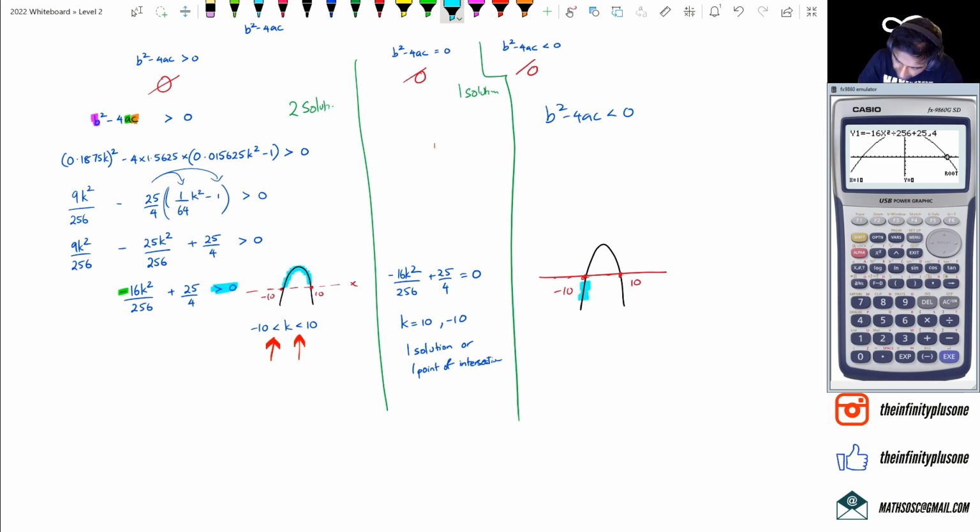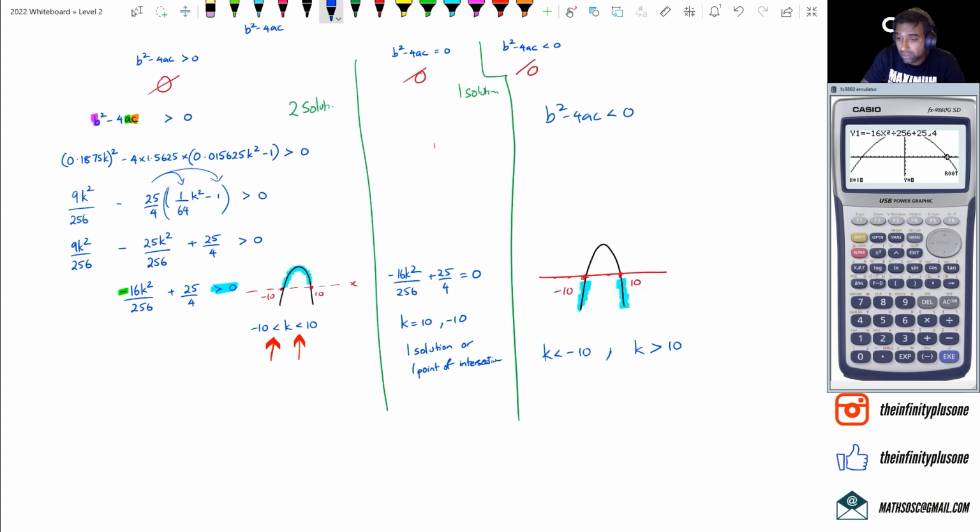Now in this case, these are the two little areas that we were looking at where it's in the negative zone, right? So we can rewrite this as when k is less than negative 10, and when k is greater than positive 10, we're going to have no solutions at all.